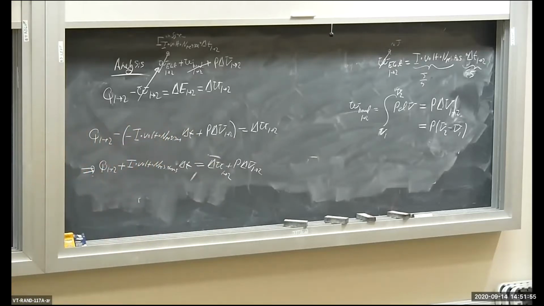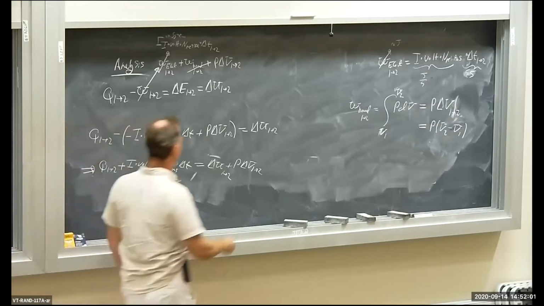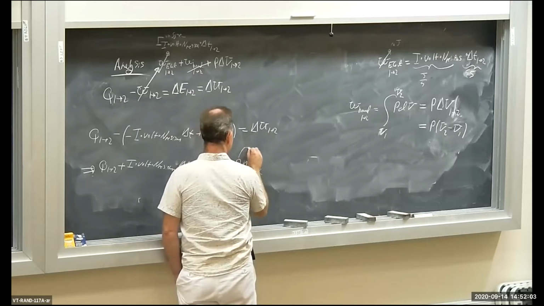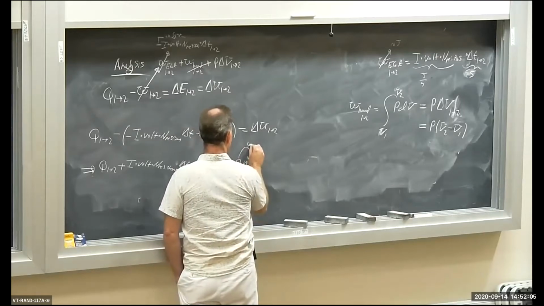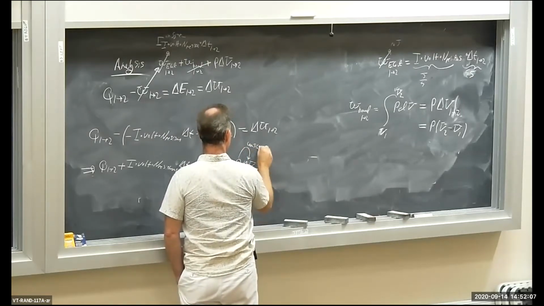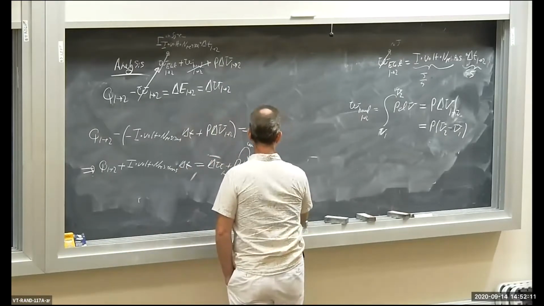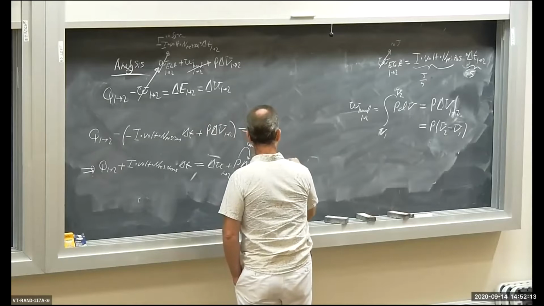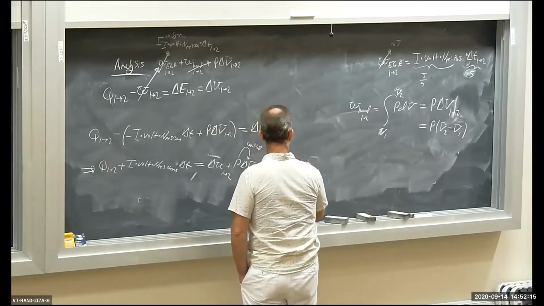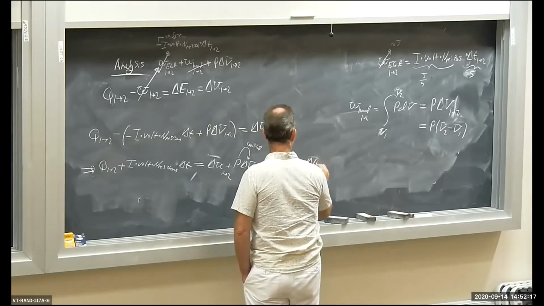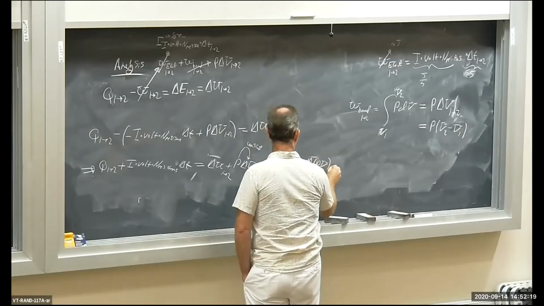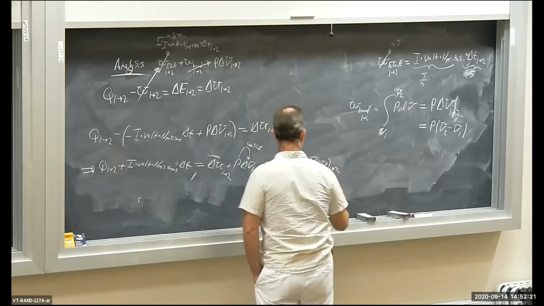Now, pressure is constant, so I can actually pull the pressure into the delta V because it's constant. And so I get delta U 1 to 2 plus delta pressure times volume 1 to 2.